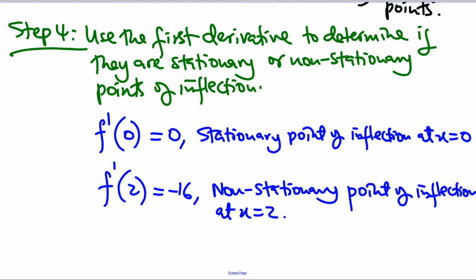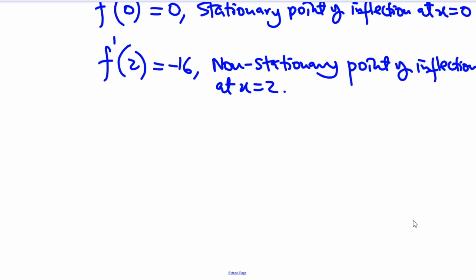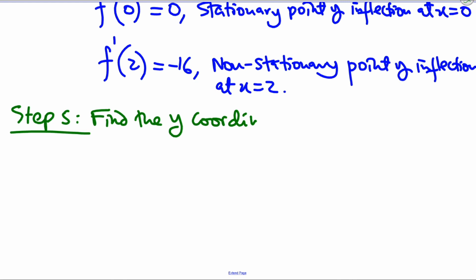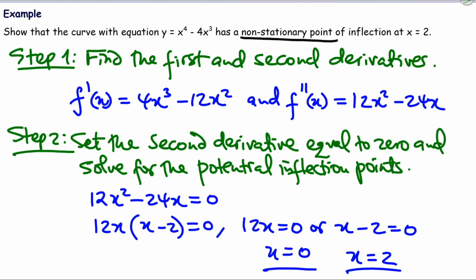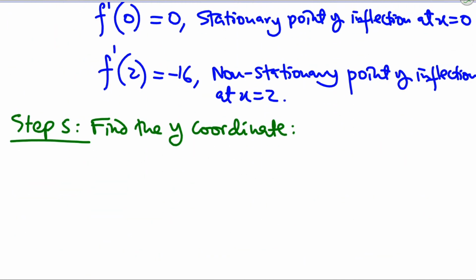So our step 5 is to find the y coordinate. Okay, and by the way, here we're just interested in the non-stationary point of inflection, which means we are interested in this point here. So we are just going to plug in 2 because we want the non-stationary point of inflection.